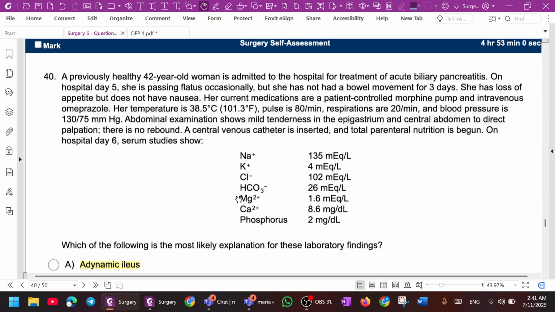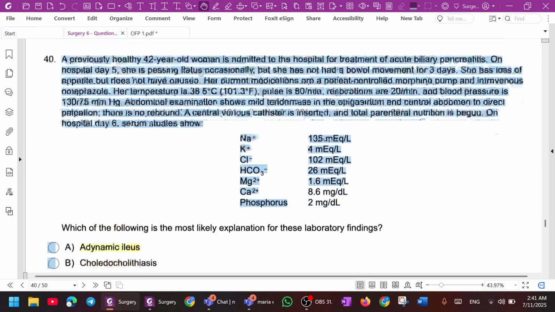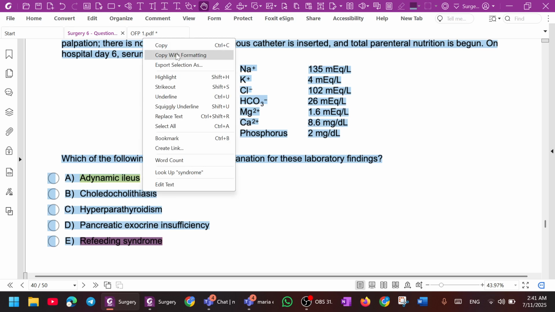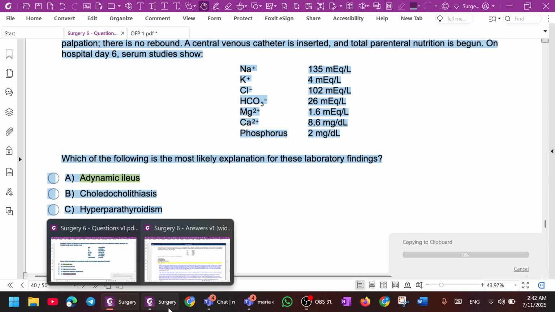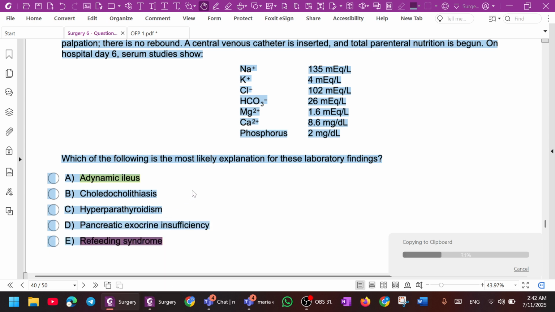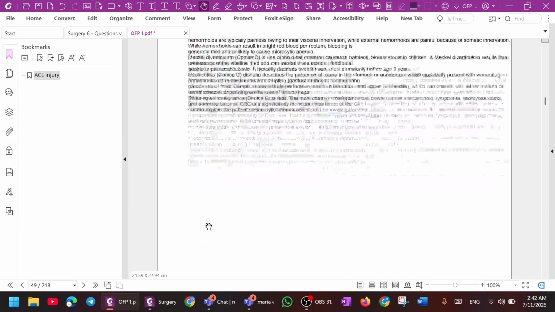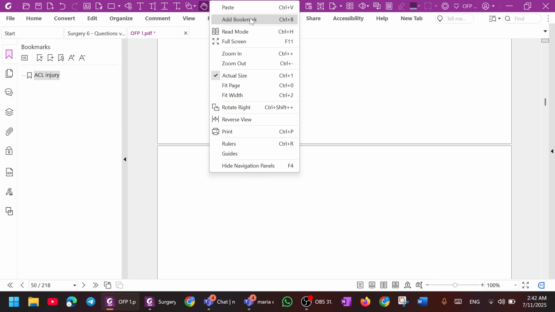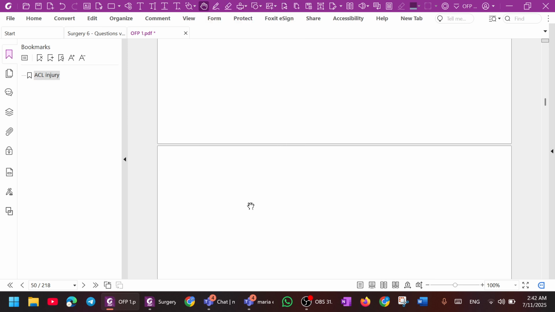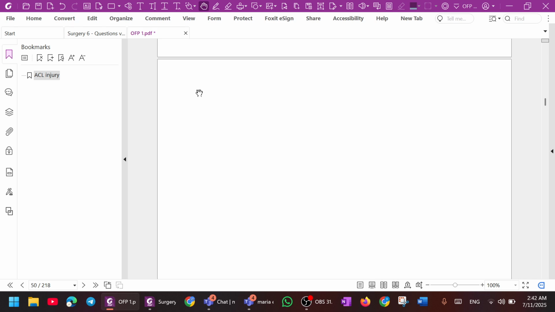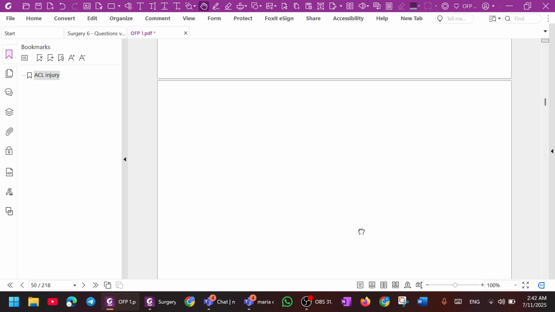Refeeding syndrome is a potentially fatal disturbance of fluid and electrolyte balance that occurs in malnourished patients after receiving either enteral or TPN refeeding. The underlying risk factor is prolonged fasting, which results in hormonal and metabolic changes with decreased carbohydrate metabolism and increased usage of fat, ketones, fatty acids, and protein as the main source. After initiation of refeeding, the increase in blood glucose relative to the previous starvation state results in increased insulin production.